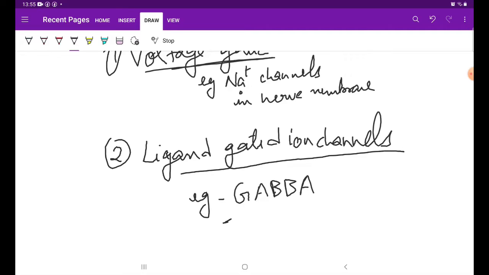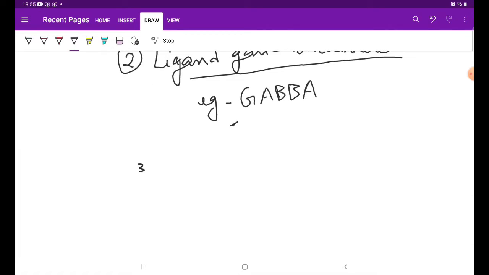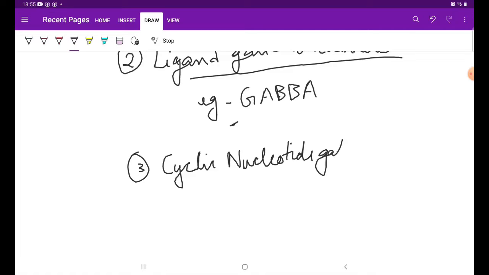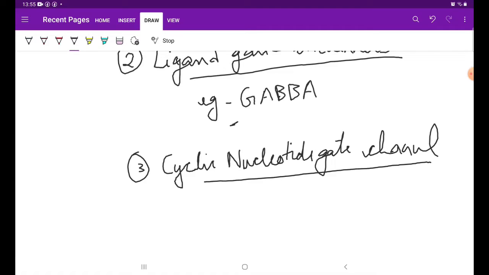Then there's a third type of gated channel, named the cyclic nucleotide gated channel.